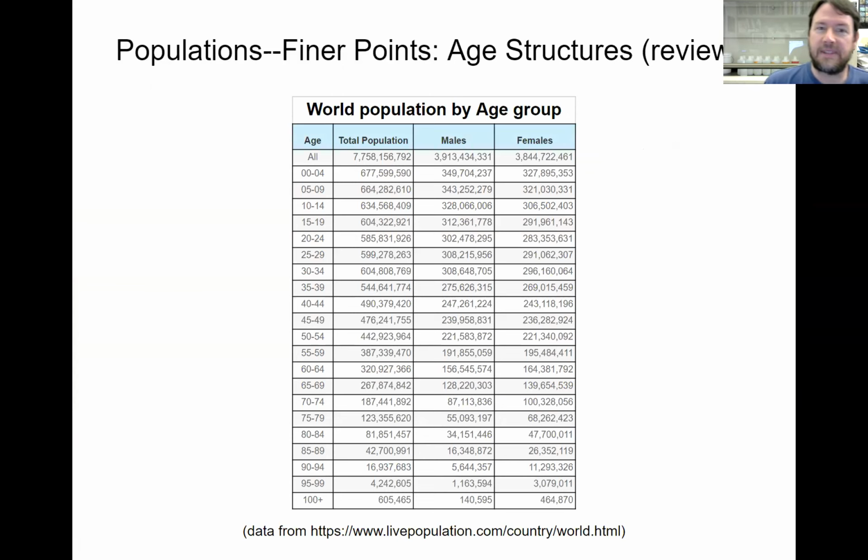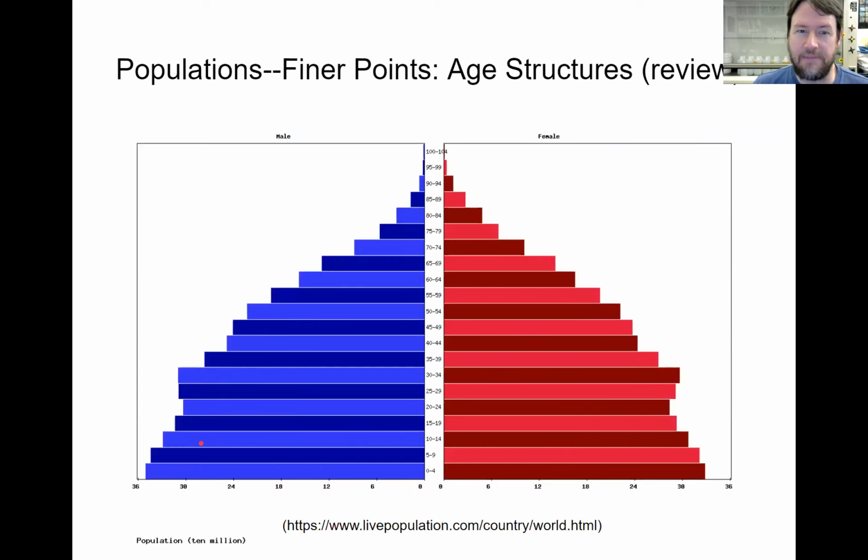Okay, so we talked about age structures for different countries, but I wanted to show you the age structure for the world as a whole, and this is current as of a couple of years ago. We are now over 8 billion, so this needs updating, but I think this website is dead now, so I'm not going to do that right now. But here's the overall pattern.